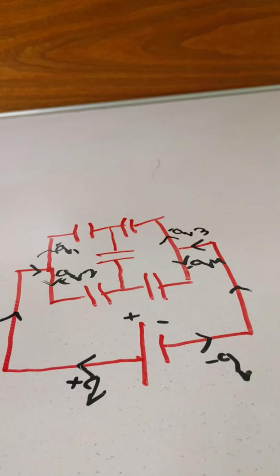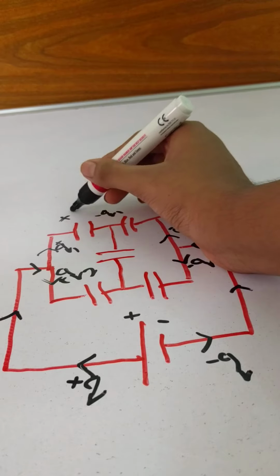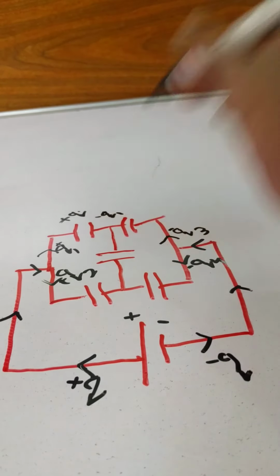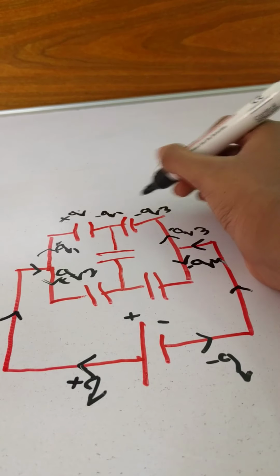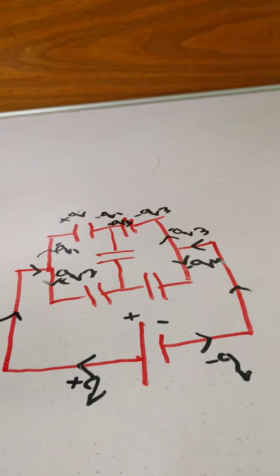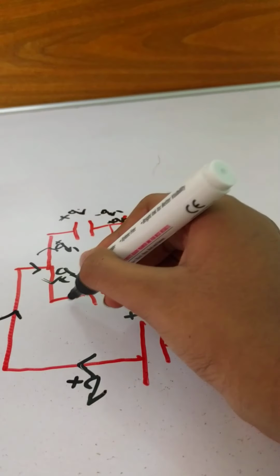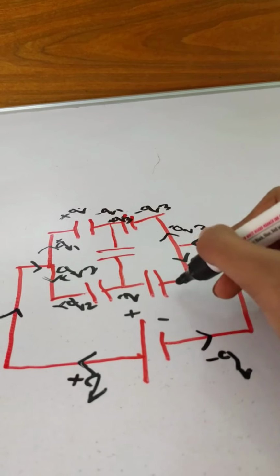So minus q1 charge will develop here, and plus q charge on this plate. Here minus q3, plus q3, and here plus q2, minus q2.